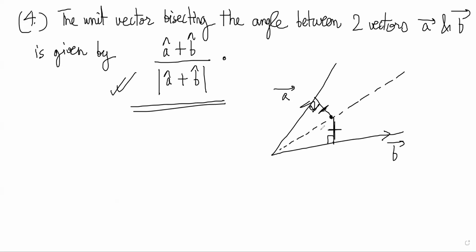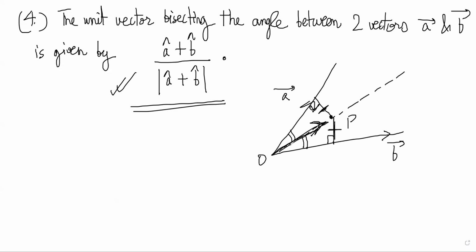This distance is equal to this distance. So if you have to find the vector along OP direction, right? That vector will be making equal angles.